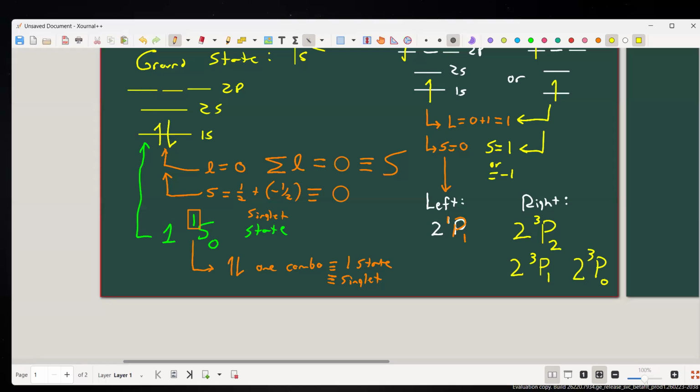I don't know how much they're split by. They may not even be relevant, but I do know there are 3 states in an excited state, 3 different J's. Right, so that excited state is in fact a triplet.